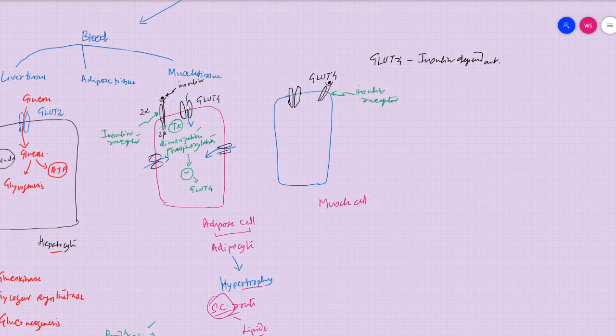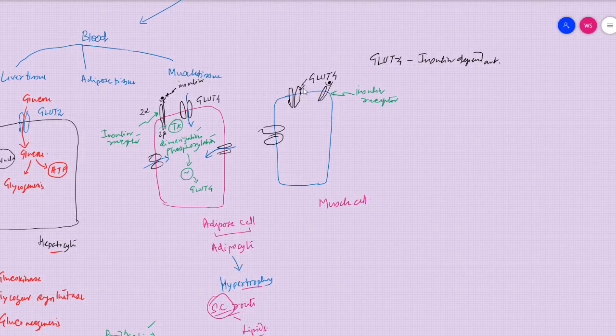But the important thing to remember is glucose is continuously getting into the cell. As a result, the blood glucose level is going to reduce. Okay, in the muscle tissue, again the same thing happens. There is translocation of lots of GLUT4.